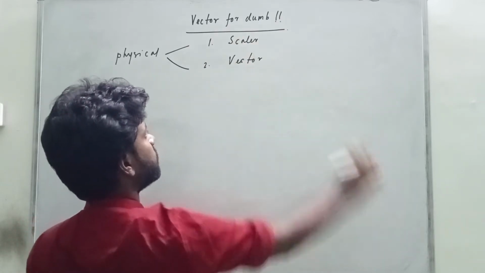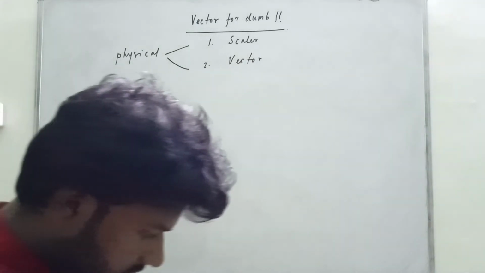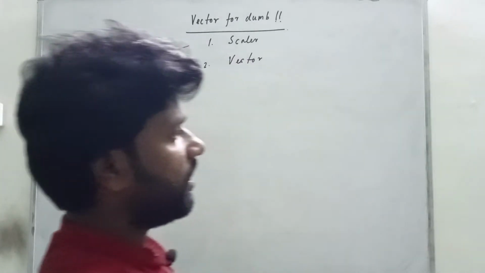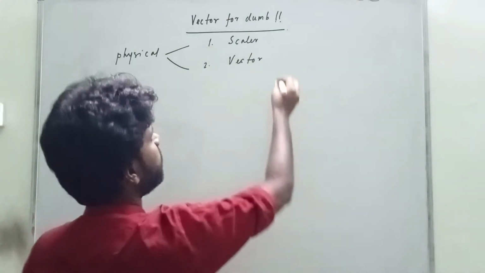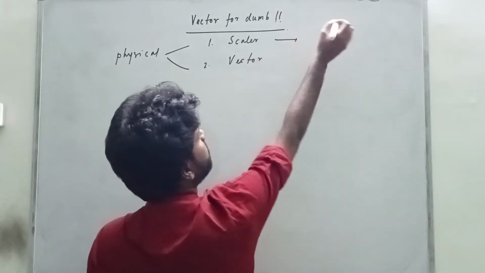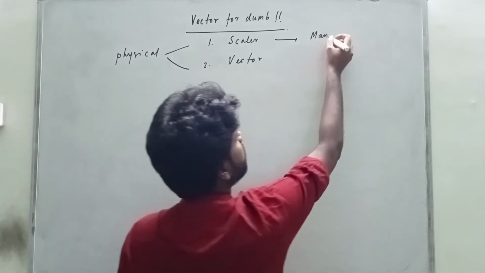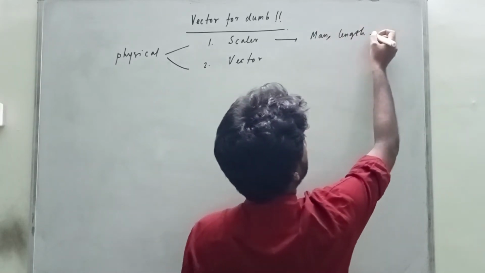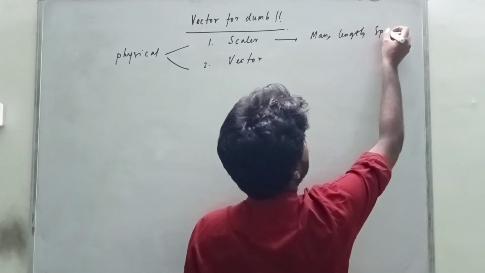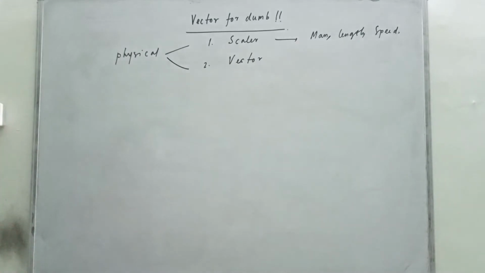All of you know this, and if I asked you to give me some examples of scalar, obviously you will say mass is a scalar quantity, length is a scalar quantity, speed, obviously a scalar quantity, and so on, right?